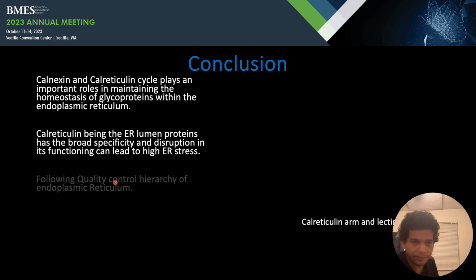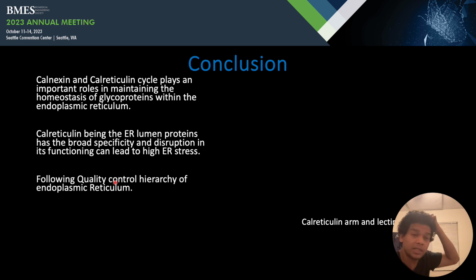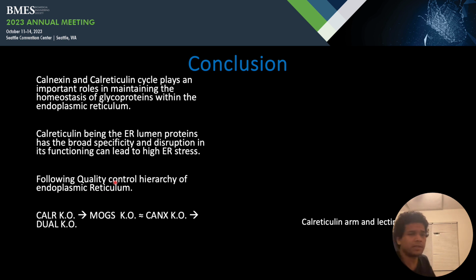And another thing that we have found out is the quality control hierarchy in the endoplasmic reticulum. In this case, the Calreticulin knockout has the highest quality control. Thereafter, the MOGS and Calnexin knockout quality control is almost comparable, and then the dual knockout quality control.